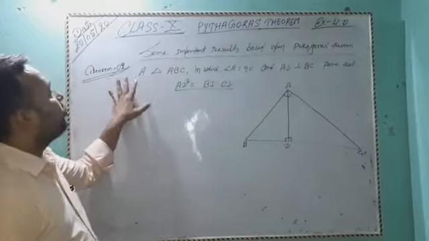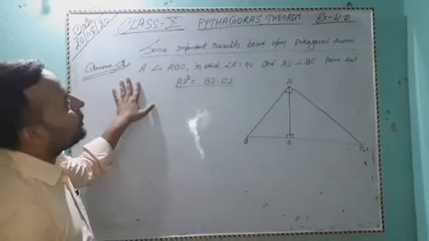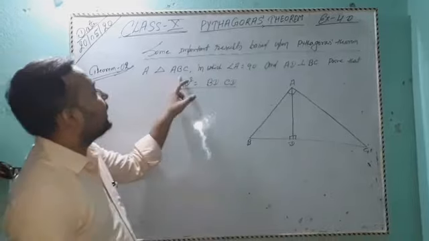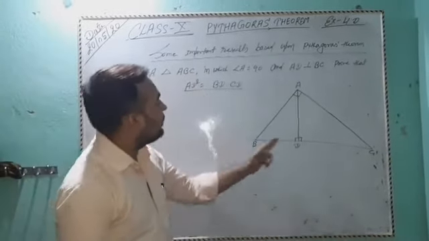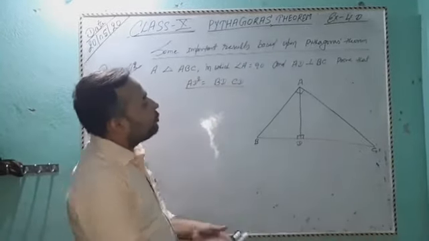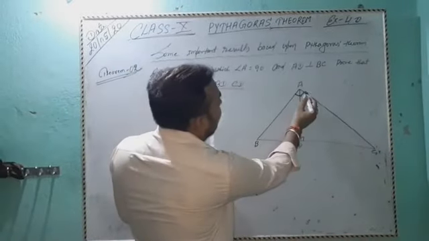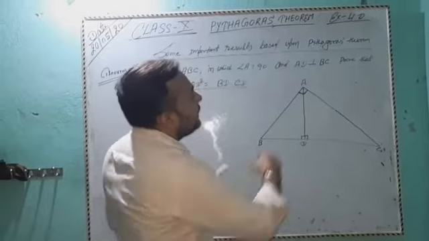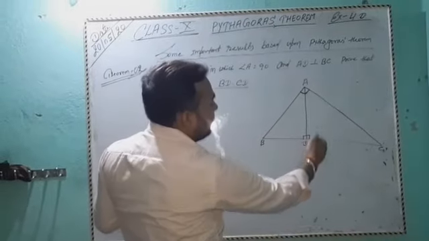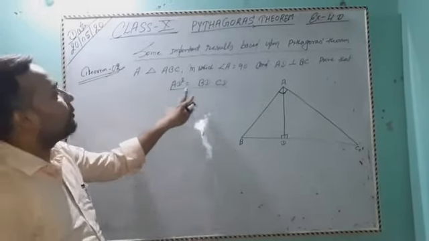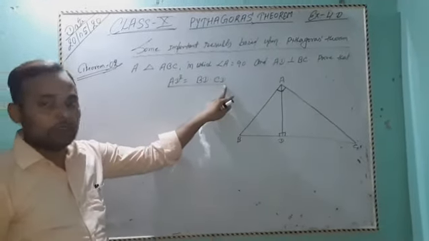Next, theorem number 2, under some important results based upon the Pythagoras theorem. So in a triangle ABC in which angle A equal to 90 degree and AD is perpendicular to BC. Prove that AD square equal to BD into CD. Okay.